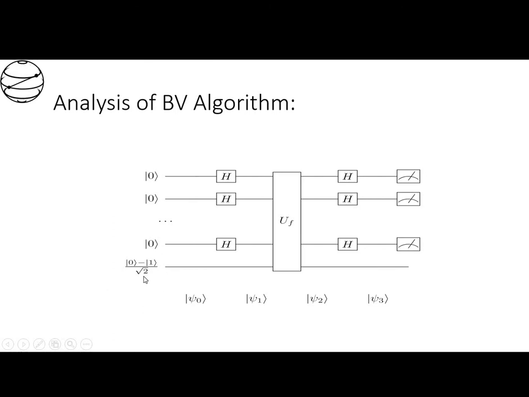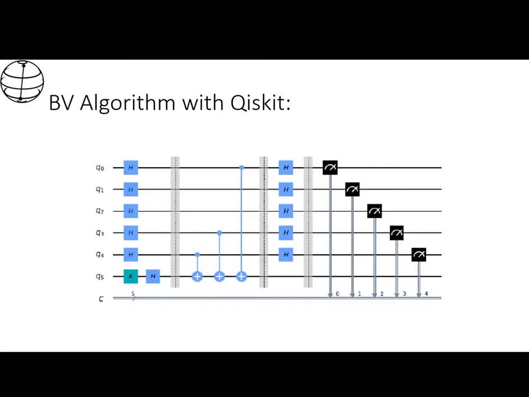After putting those bits through the Hadamard transformation, we get psi 1, and after applying Uf on psi 1 we get psi 2. From psi 2 we again apply a Hadamard transformation and we get psi 3. After that we measure our circuit, and from that we are able to find our desired u in one shot. That is the basic diagram.